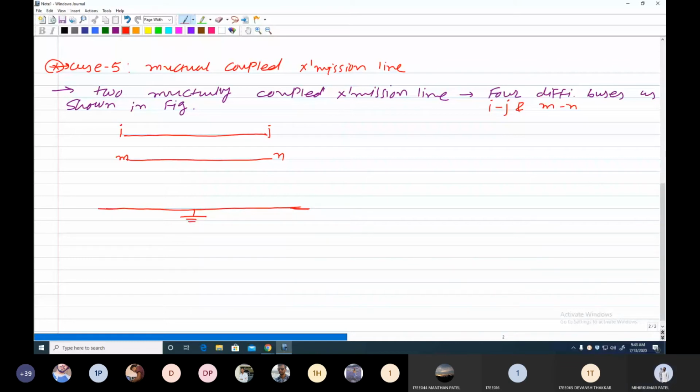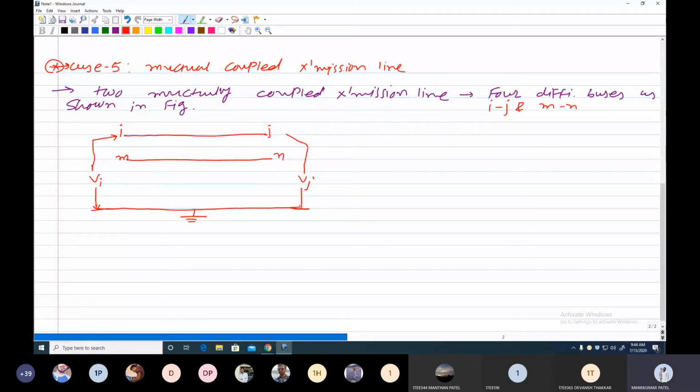The value of voltage with respect to reference for the ith bus is Vi. Similarly, for the jth bus, it is Vj.